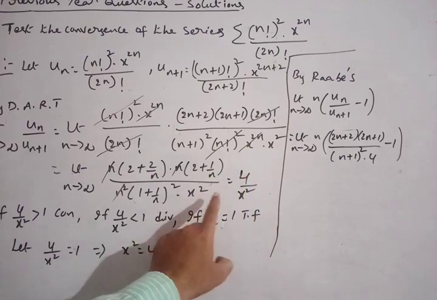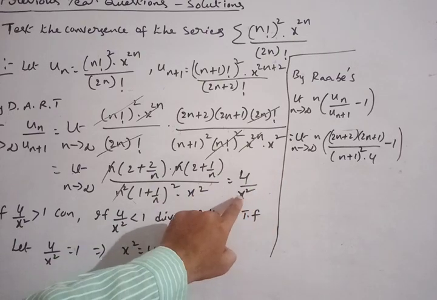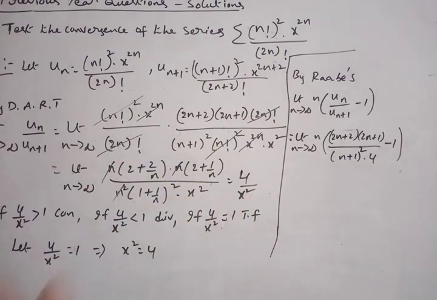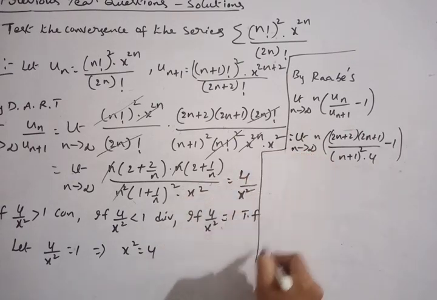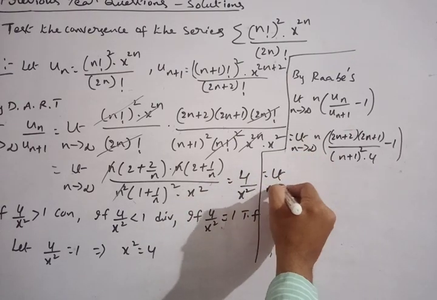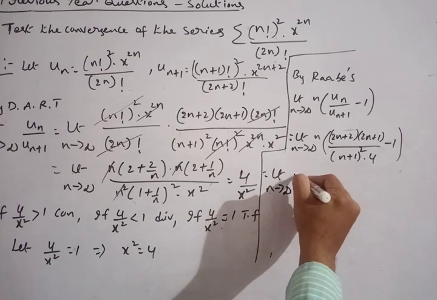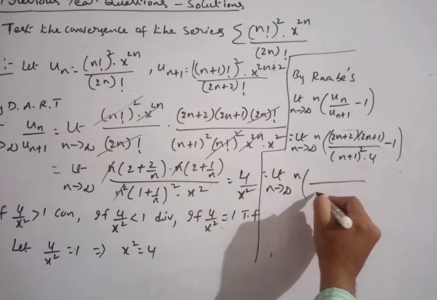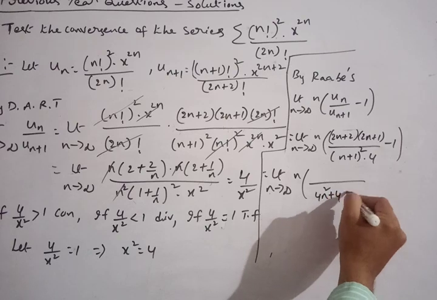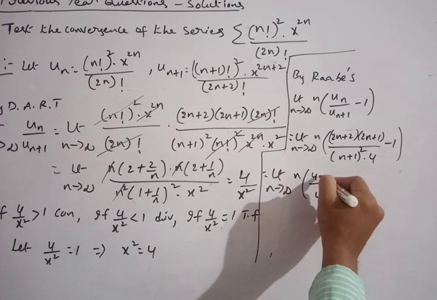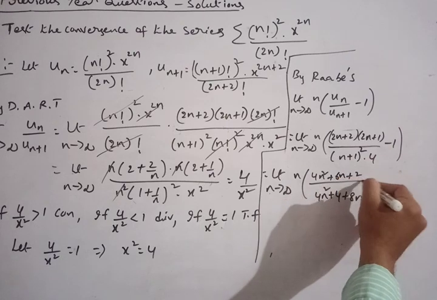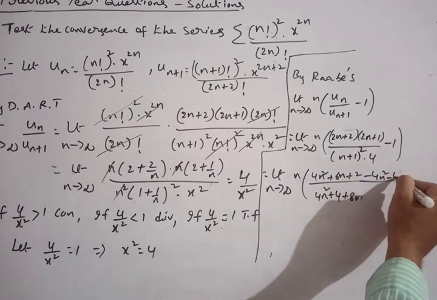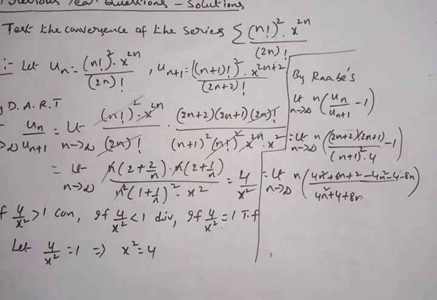So before applying the limit, you need to substitute in place of x square, 4. This part is as it is. So this is equal to limit n tends to infinity, n into, what is LCM here? 4n^2 plus 4 plus 8n. So 4n^2 plus 2n plus 4n, 6n plus 2 minus 4n^2 minus 4 minus 8n.